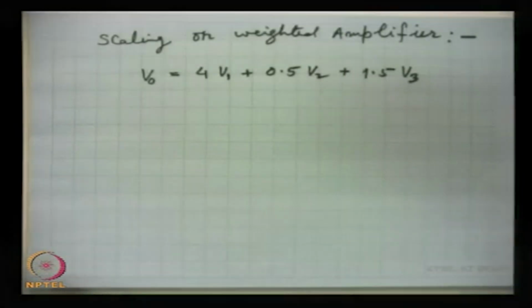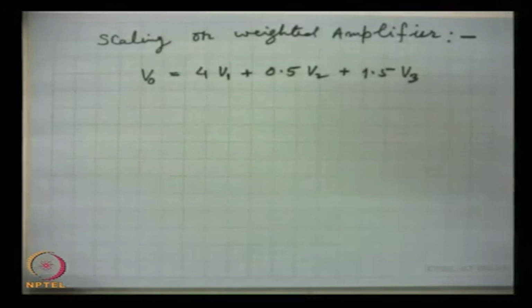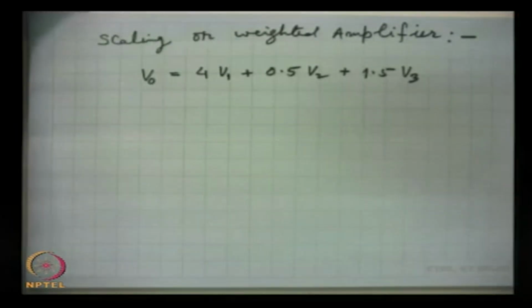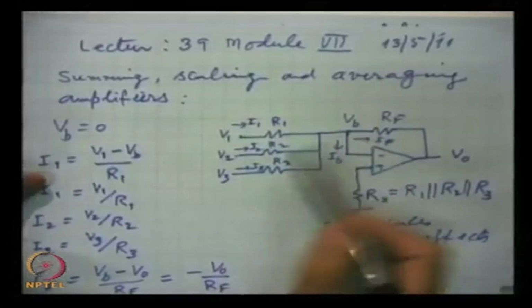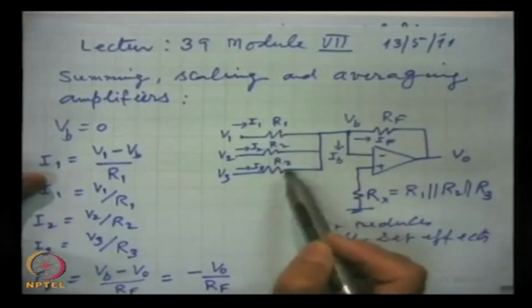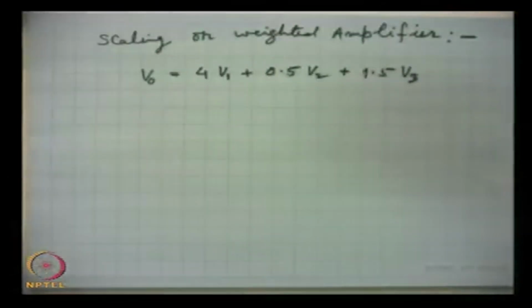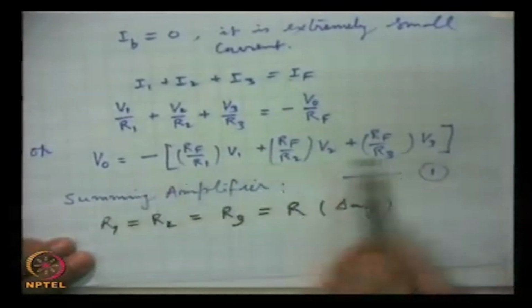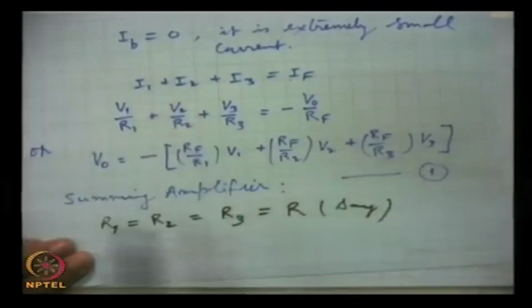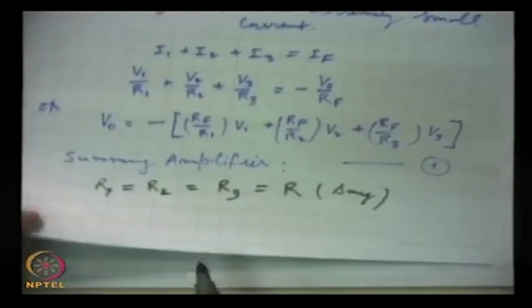Now here same circuit and same fundamental equation, the circuit is the same, but here the values of R1, R2, R3 and RF we have to choose differently, and we will take help of this basic equation which we have written for that amplifier.